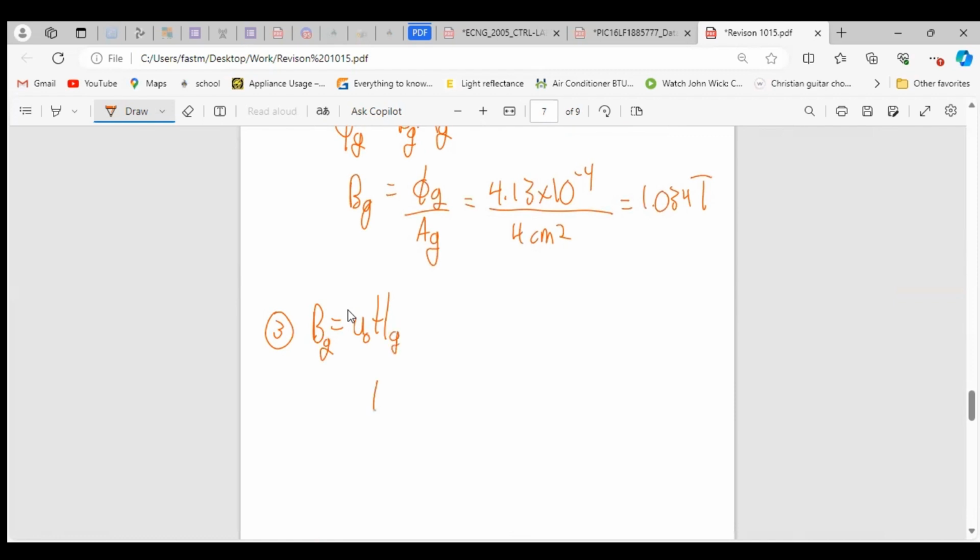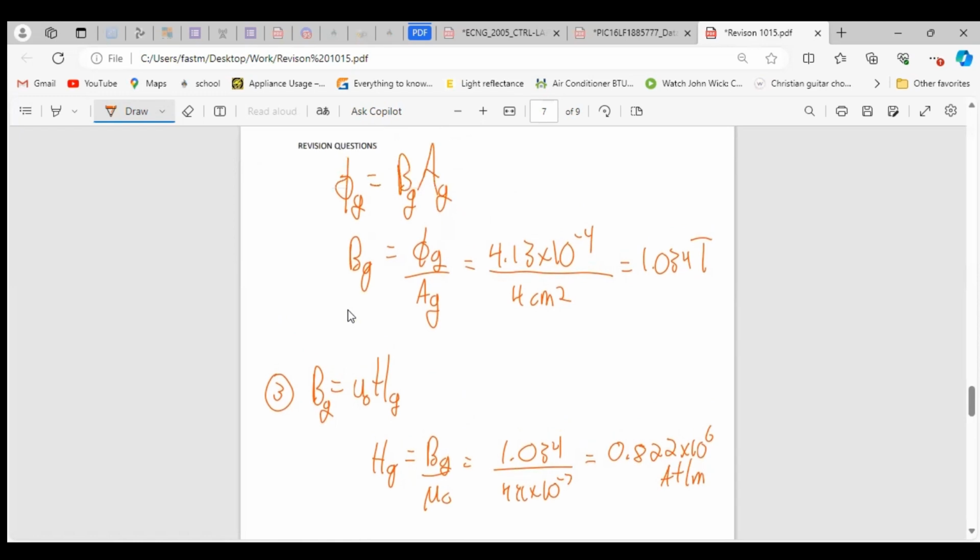So transposing for HG, you end up with BG divided by mu 0. You calculate what BG is, divide it by your permeability of free space, mu G, and when you plug that in a calculator, you get 0.822 by 10 to the 6 ampere turns per meter. And that is the end of the question, nothing else in the question.